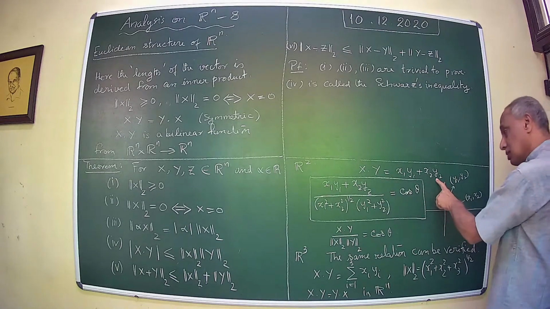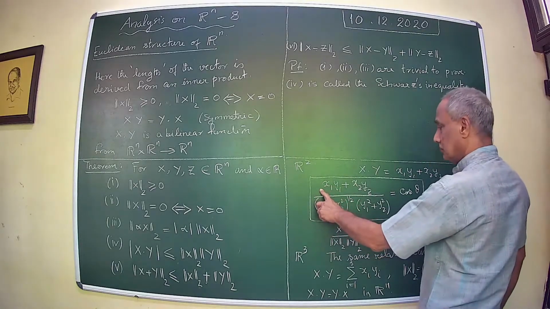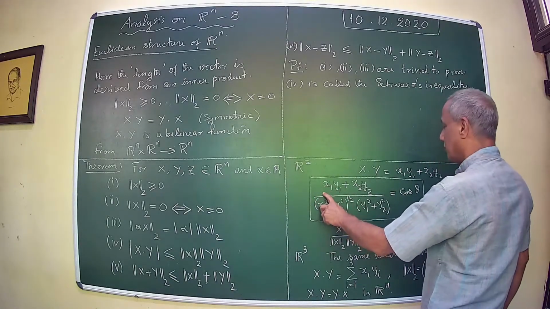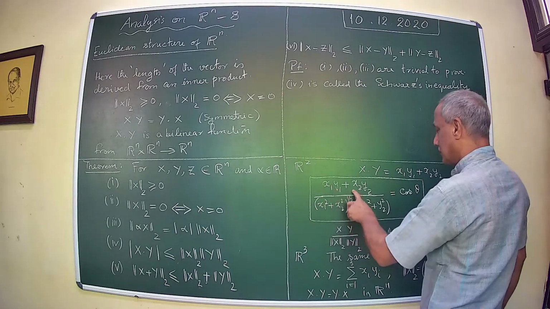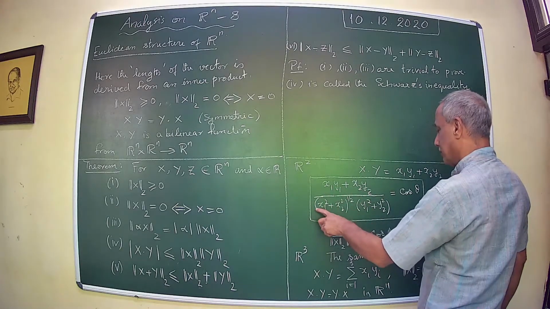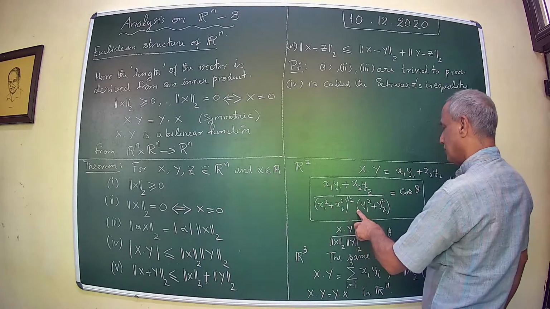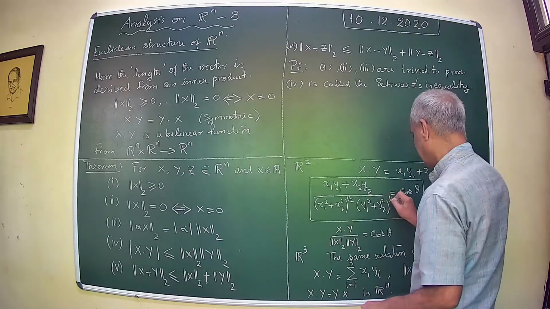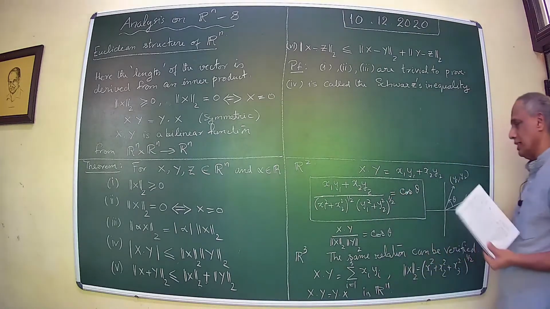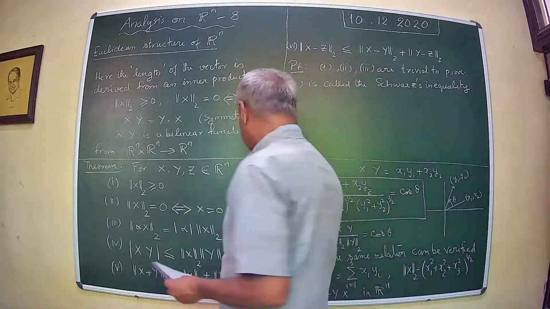And you have the formula, which I think you should prove, that x1 y1 plus x2 y2 divided by (x1 square plus x2 square) to the power half times (y1 square plus y2 square) to the power half is equal to cos theta.